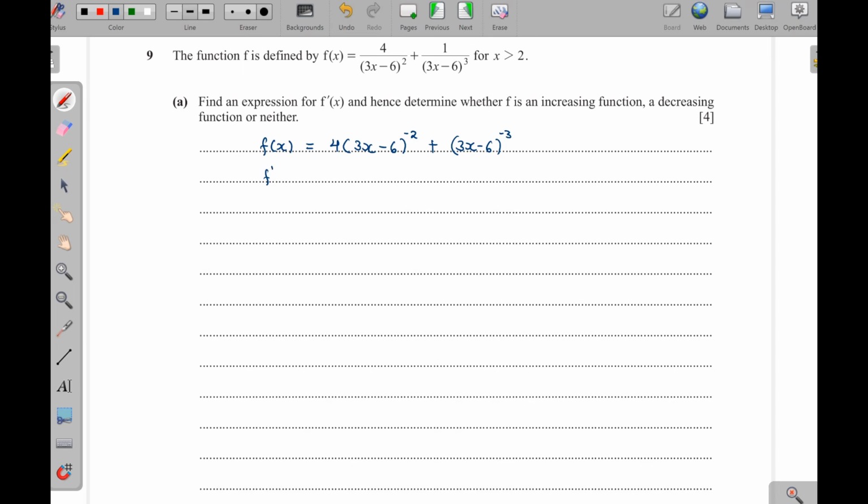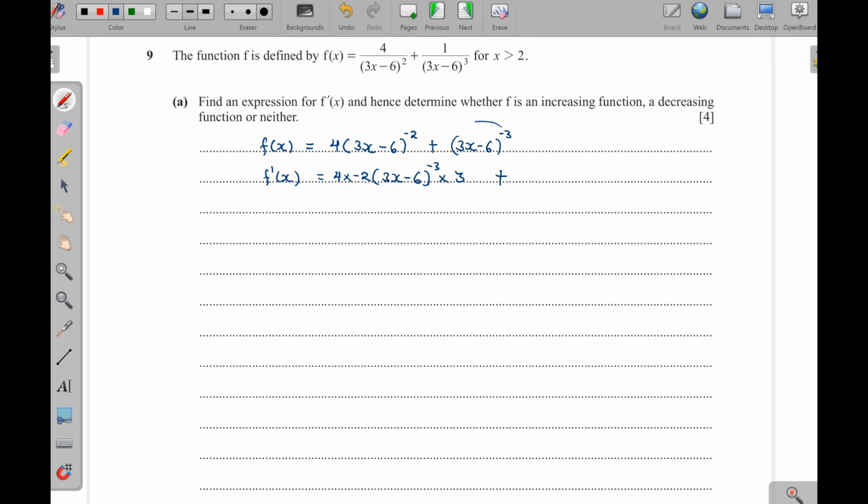So f prime of x, now we are differentiating, so drop the power here. You'll have the 4, times the negative 2, and then 3x minus 6. Reduce the power by 1, so this will be negative 3. And then times the derivative of what is coming from inside here, which is 3, using the chain rule.